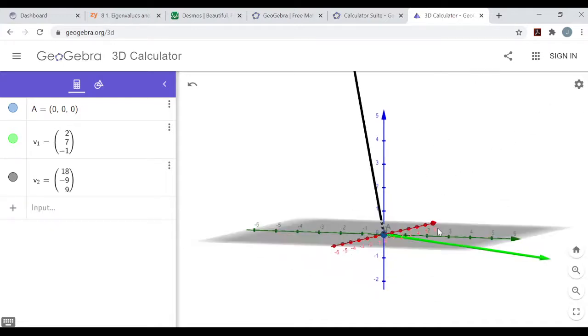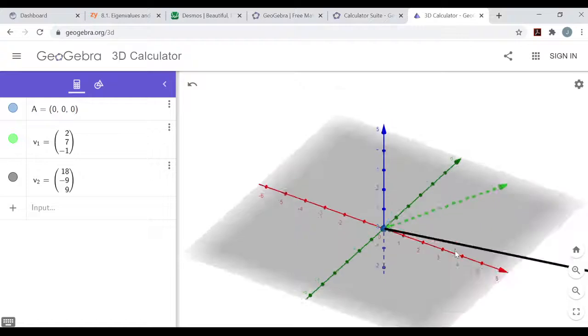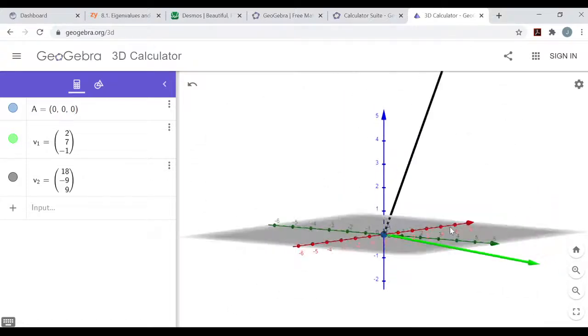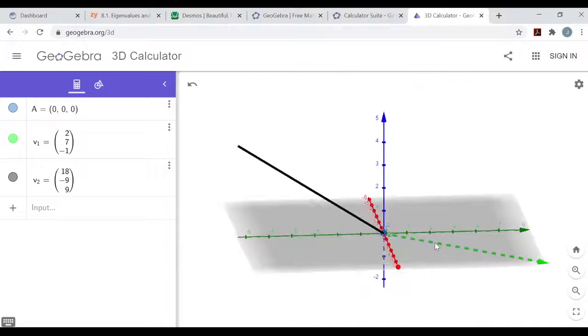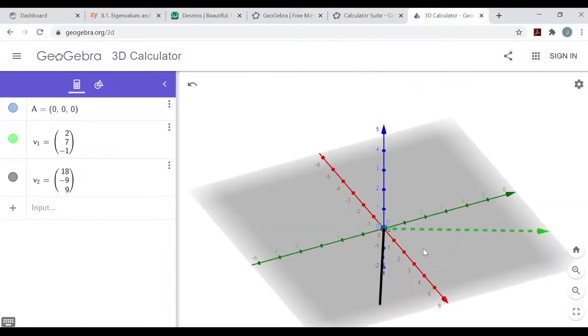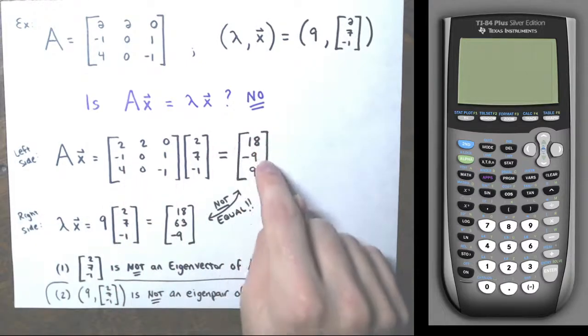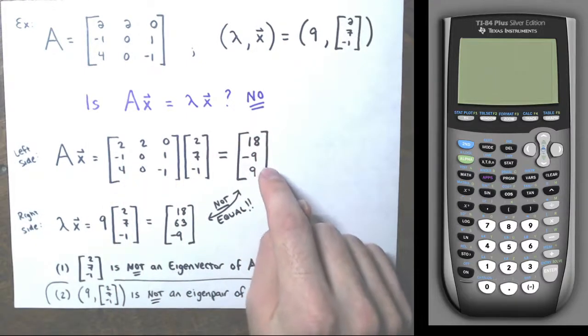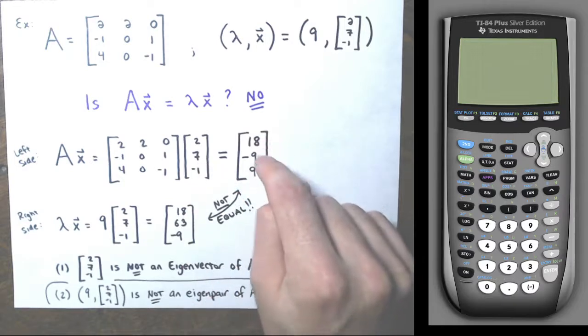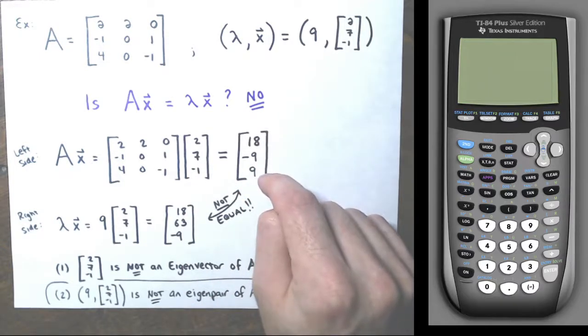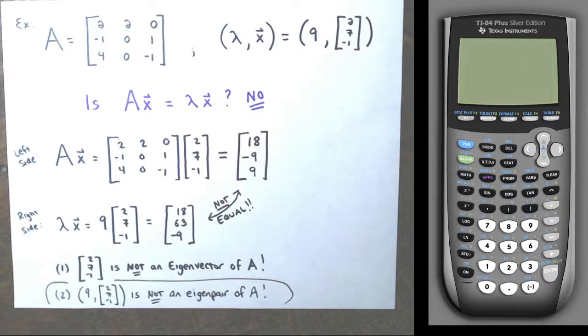And you can very clearly see that the green vector and black vector are not pointing in the same direction or on the same line at all. So we can see right away that the vector 2, 7, negative 1 is not an eigenvector of that 3x3 matrix, because the matrix times the vector was a vector, 18, negative 9, 9, that wasn't a scalar multiple of 2, 7, negative 1.